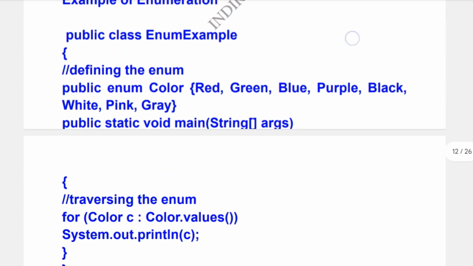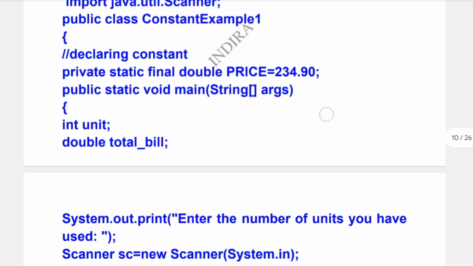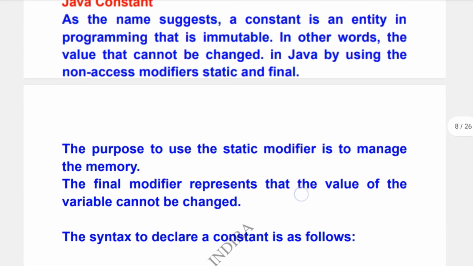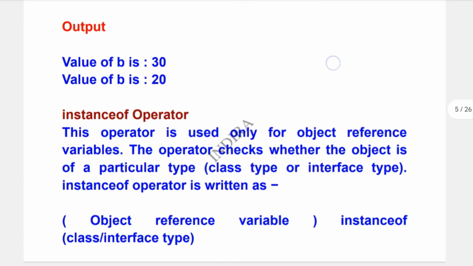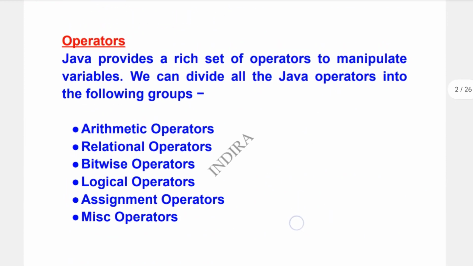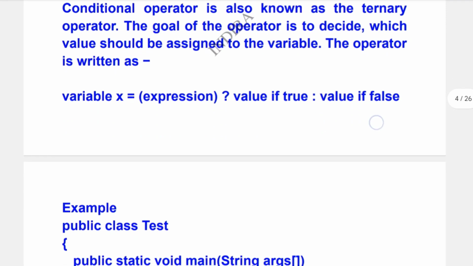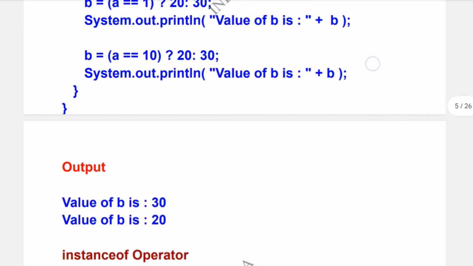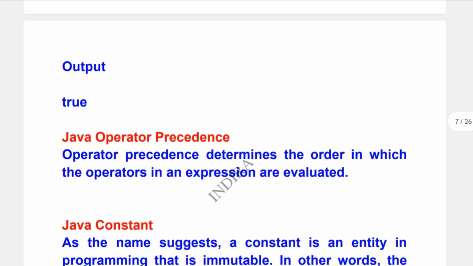Operators act as an interface between the variables: arithmetic operators, relational operators, bitwise operators, all these come under operators. Examples are also given for these operators, so everyone must prepare those programs.